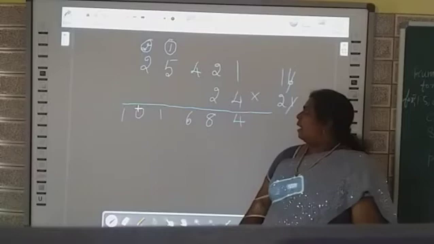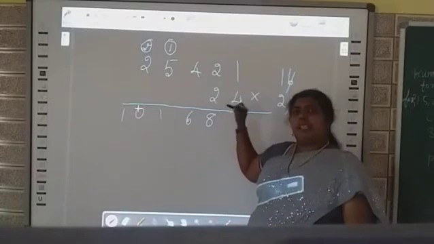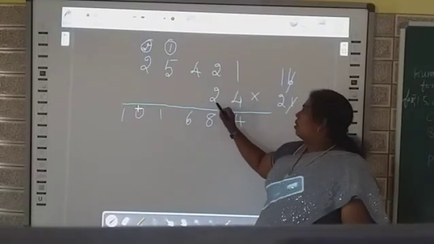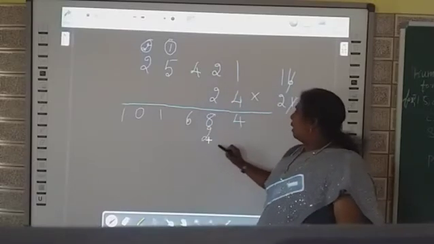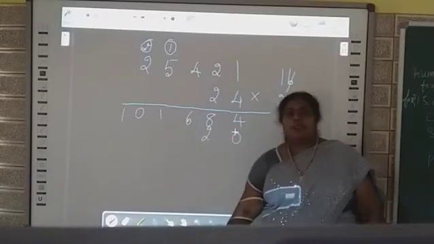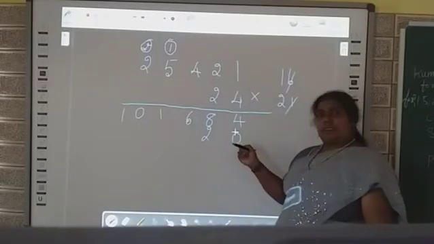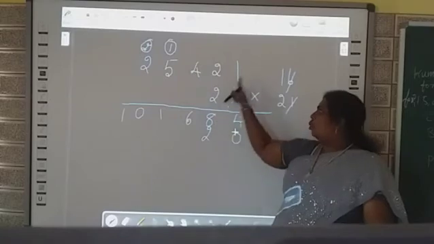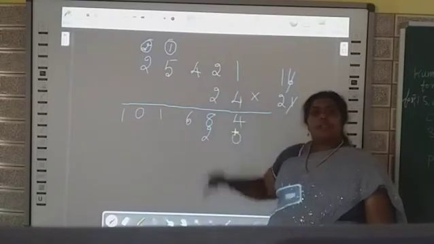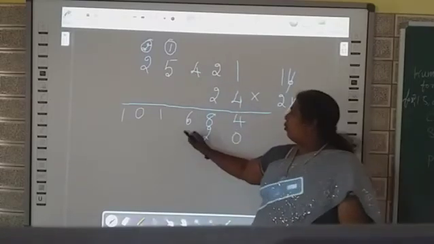Do you understand? Yes. Next step we are going to multiply by the tens place, right? In the second step we use 2 times 1 is 2. But in the ones place you have to put 0. Be careful, you should not write in the ones place. Write in the tens place: 2 times 1 is 2. Then 2 times 2 are 4.